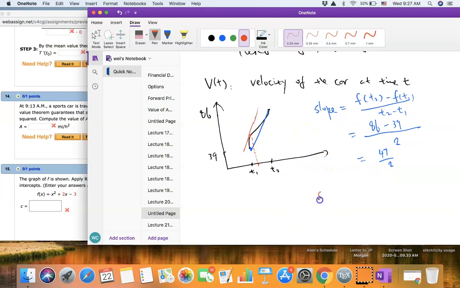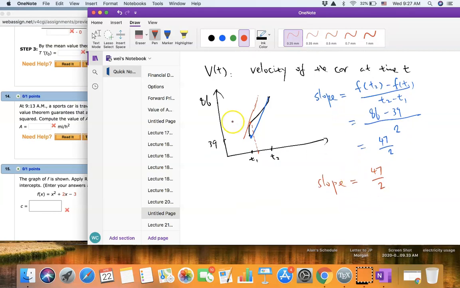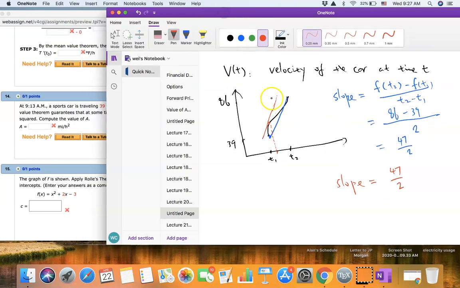So the slope of this tangent line also equals 47 over 2. And the slope of this tangent line is given by the derivative of this function at this time. Let's call this time t3.